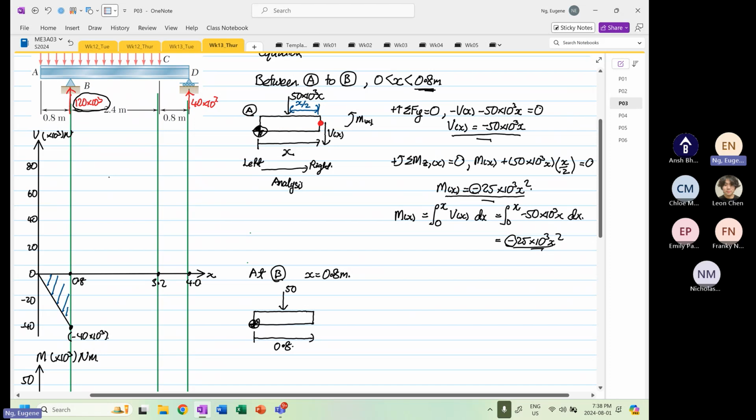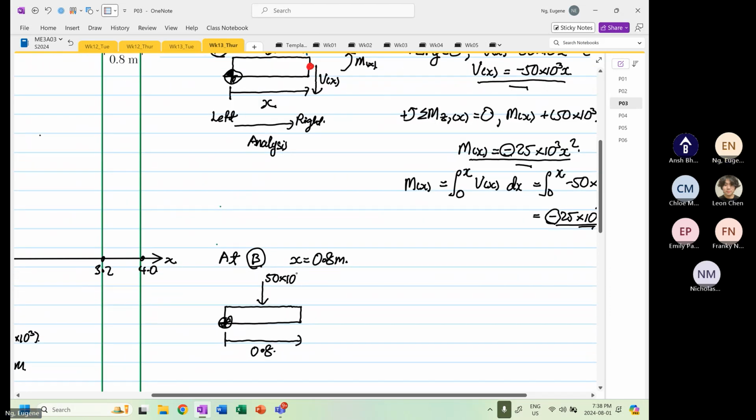So 50 times 10 to the power 3 multiplied by 0.8. So this will be equal to 40 times 10 to the power 3.